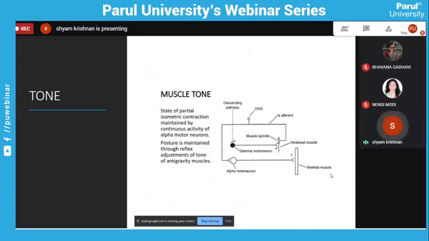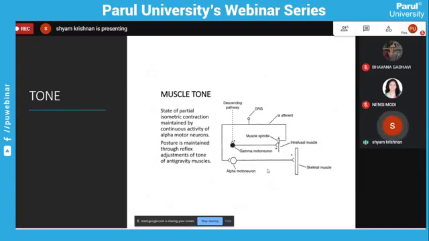Here in this diagram, I have only spoken about one motor neuron, that is the alpha motor neuron. You can see that the alpha motor neuron supplies the extrafusal fibers of the muscle. Extrafusal fibers are those fibers which, through tendon, apply a force on or between the bony segments they are connected to, and can bring about movement.